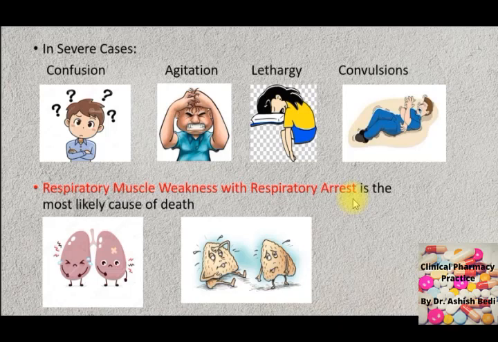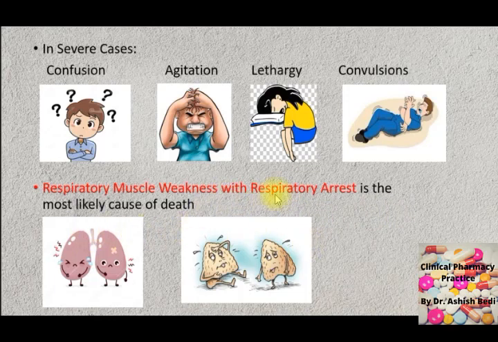And if he has consumed a large, toxic dose of nicotine, I told you that it will cause a ganglionic blockade and neuromuscular blockade. So with ganglionic blockade and neuromuscular blockade, the respiratory muscles can become weak and finally it can cause arrest. And if the patient enters respiratory arrest, he can die very easily.